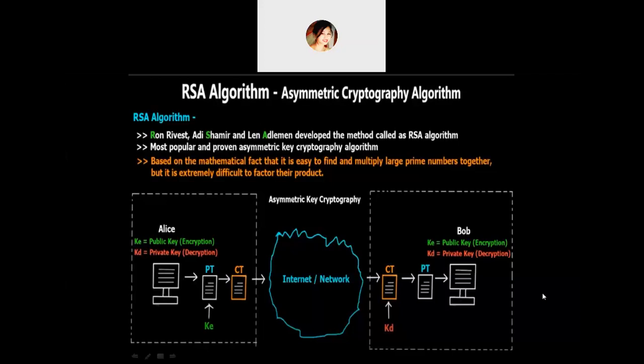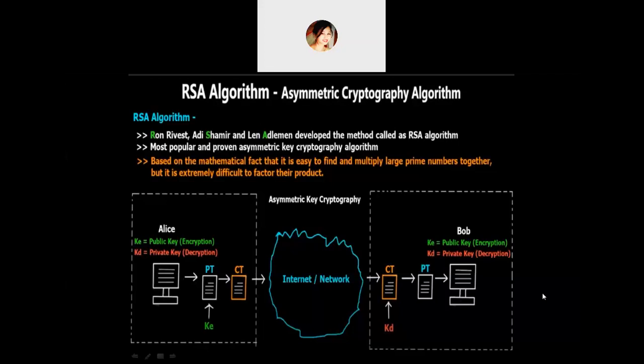Again, asymmetric encryption is also known as public key cryptography. It is considered more secure than symmetric encryption because it uses two keys per process: one public key and one private key.